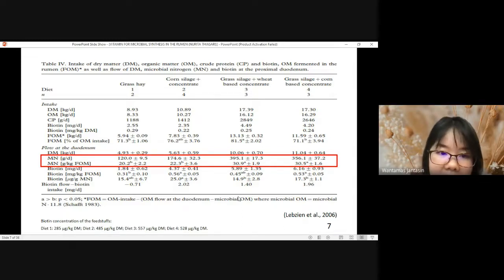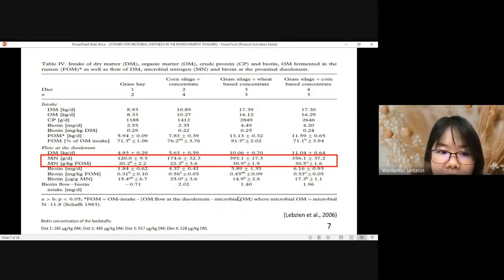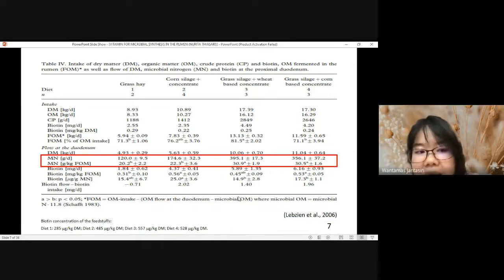Because from this table, you just show us the level of EM, OM, or other. The difference here, I can see, actually comes from CP level, right? In the 4 diets, CP level in 3 and 4 is higher than 1 and 2. So it is very clear here that they influence microbial nitrogen.